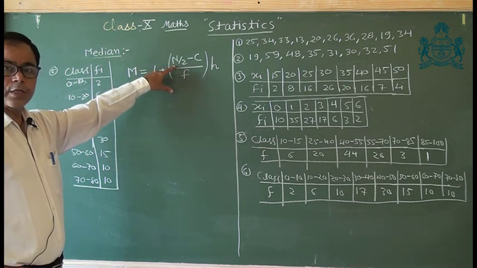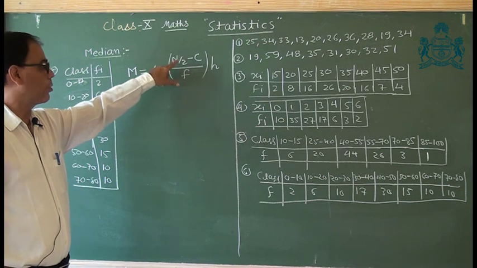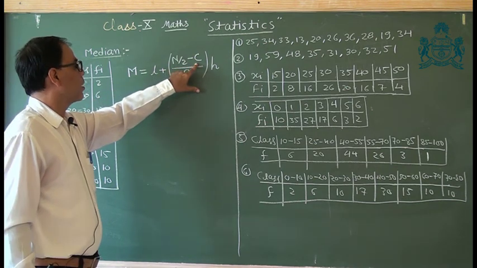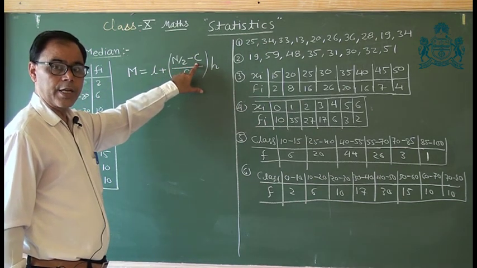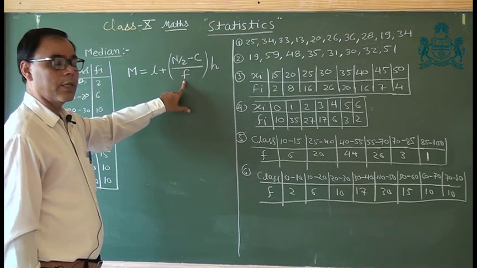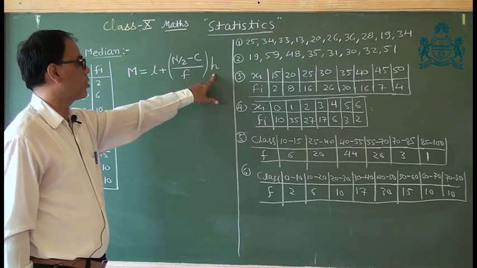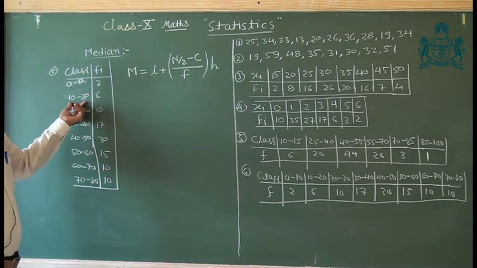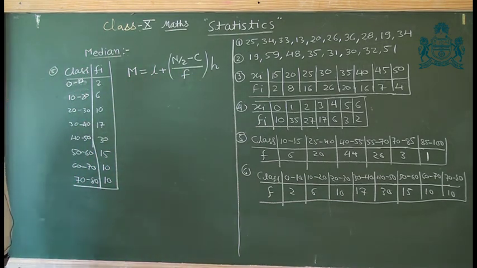N by 2 is the sum of frequency upon 2. C is the cumulative frequency just greater than the median class. F is the frequency of the median class. H is the difference of upper limit and lower limit.